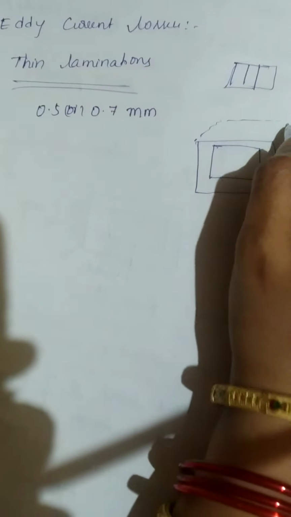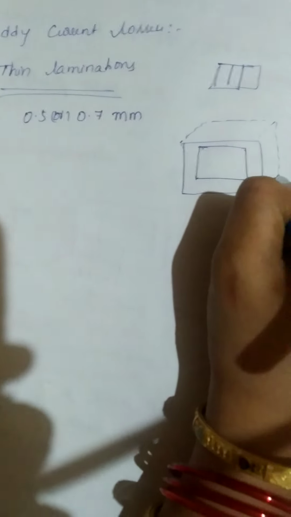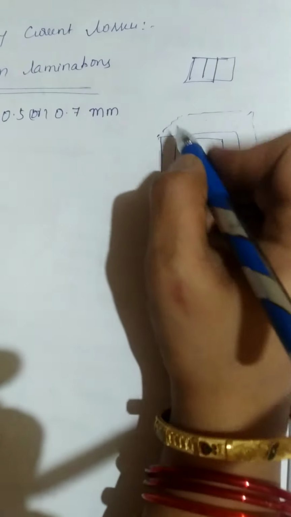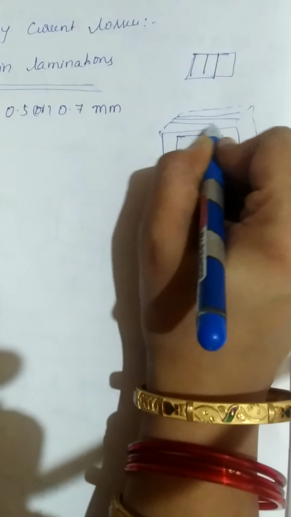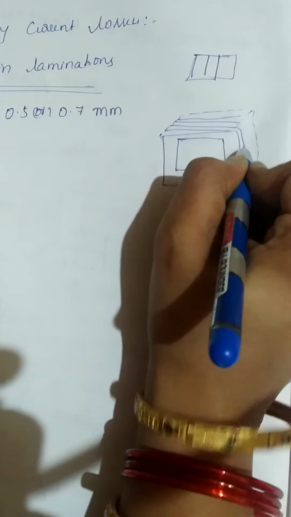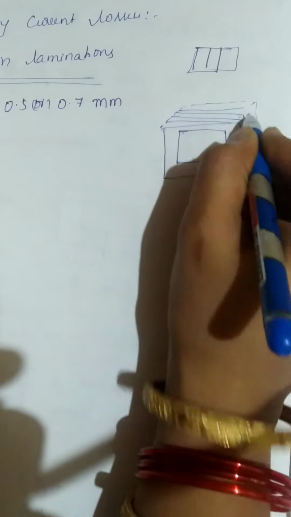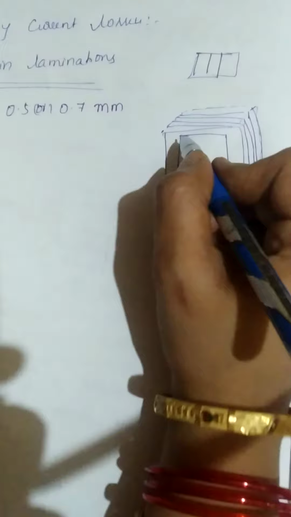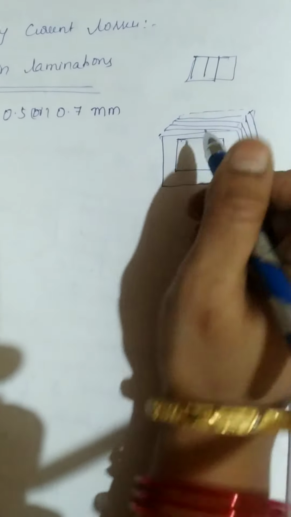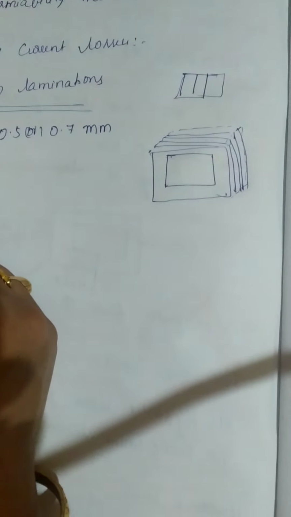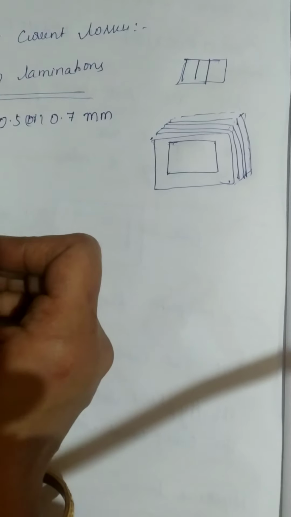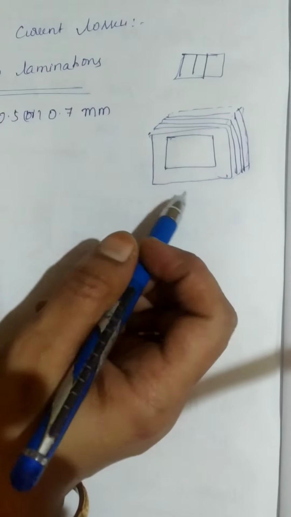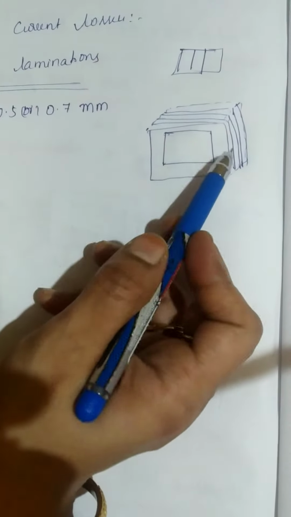And see here, I'm going to show you the thin laminations. All these thin laminations are isolated with an insulating material. So this is a core actually made up of thin laminations.